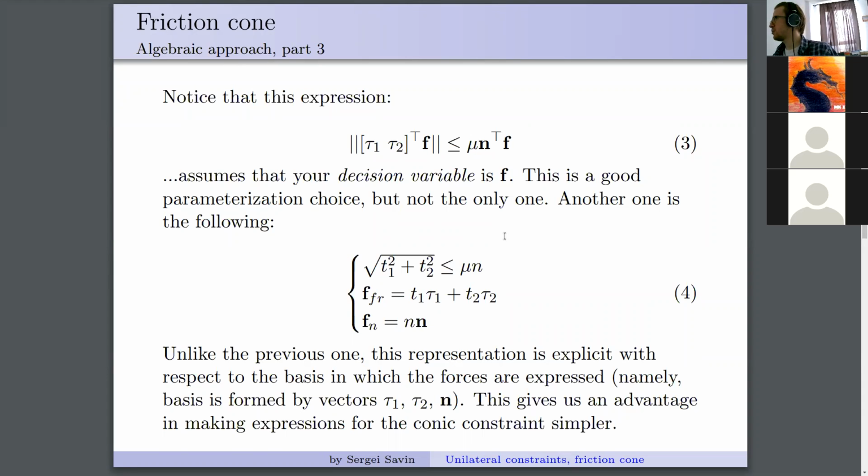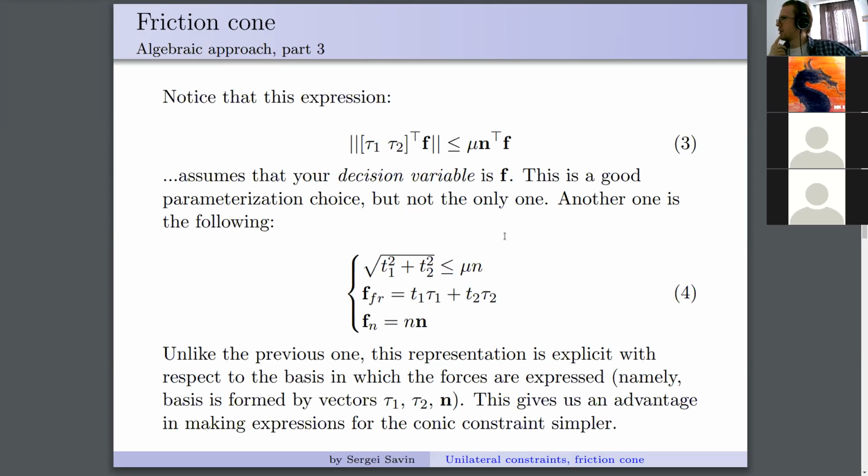But the expressions themselves are just, 3 and 4 are exactly the same, except in 3, we parameterize our reaction force using F, which is just a vector, the total reaction force vector. And we say that this vector should be such that the norm of it times T transposed should be less than mu times N transposed F. So it just has to have those conic constraints.